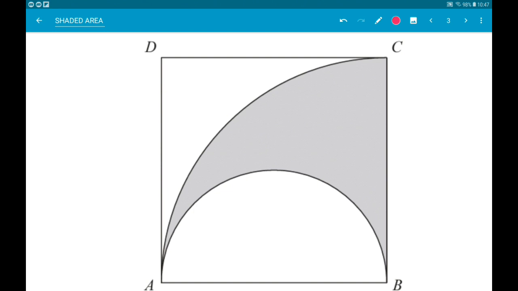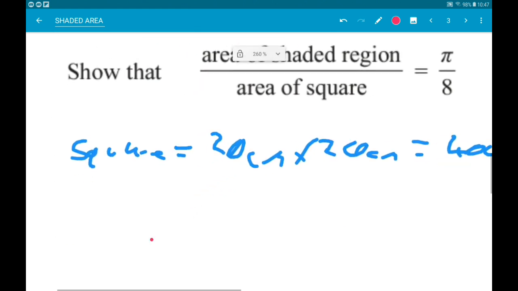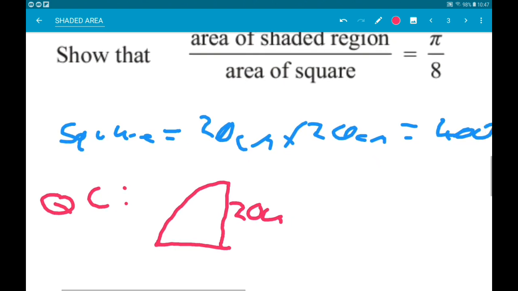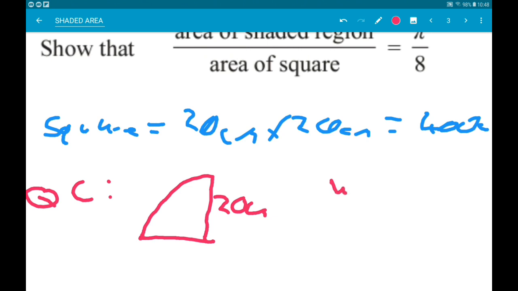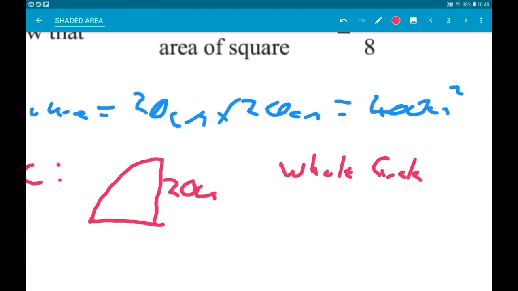Now the quarter circle, I'm going to call QC. So, quarter circle with a radius 20 centimeters. Now, if we had the whole circle, the area would be pi times 20 centimeters squared.